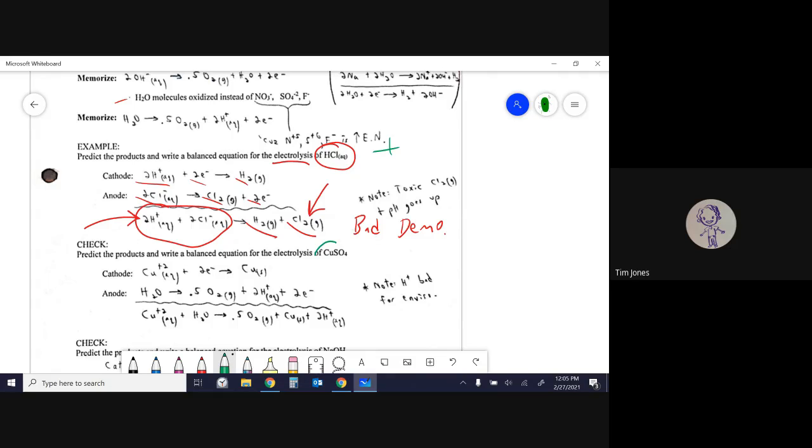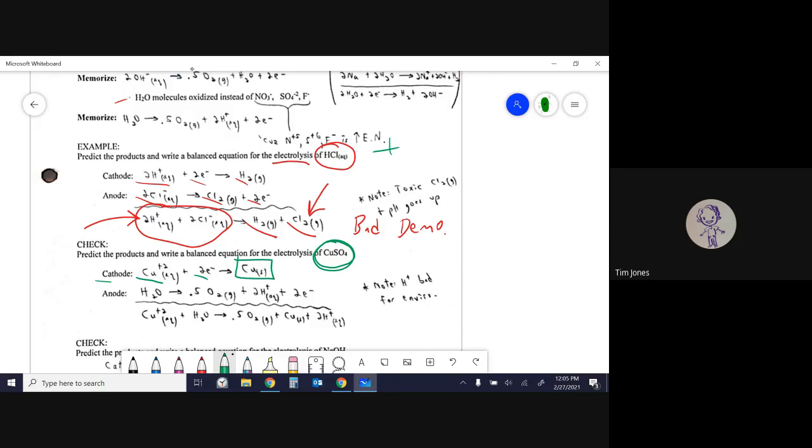Electrolysis of copper sulfate. This is a more traditional one that you might actually see. There's probably videos on YouTube of this, I imagine. In this case, the copper ion will gain electrons. So that's its reduction at the cathode, metal. And I usually do this demonstration in class to show you.